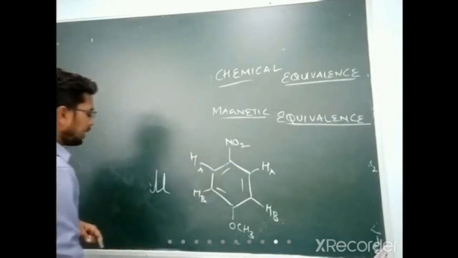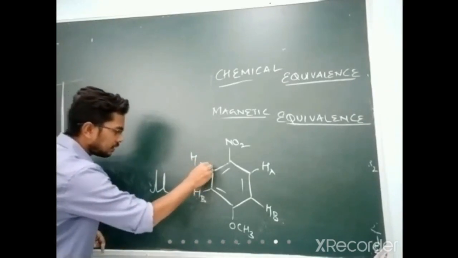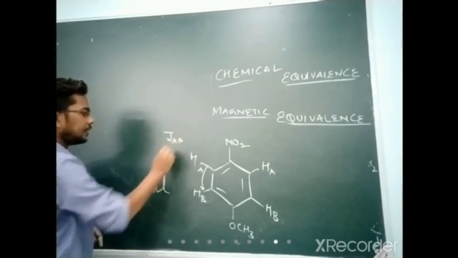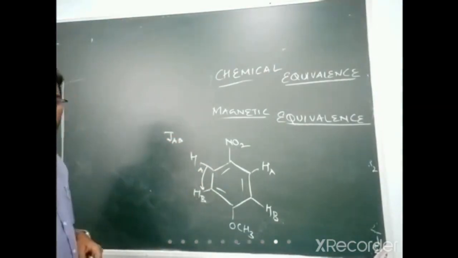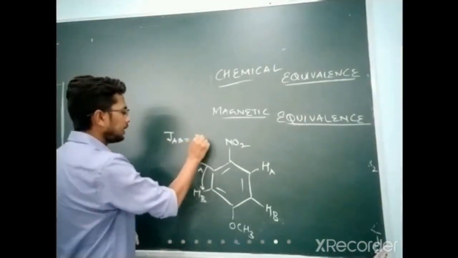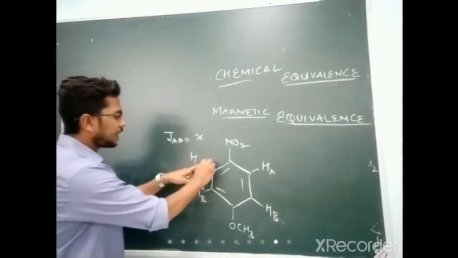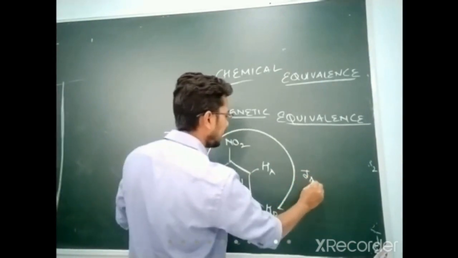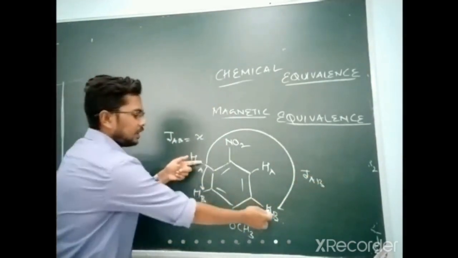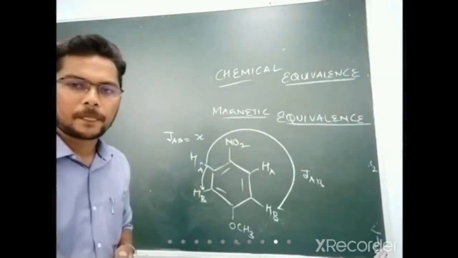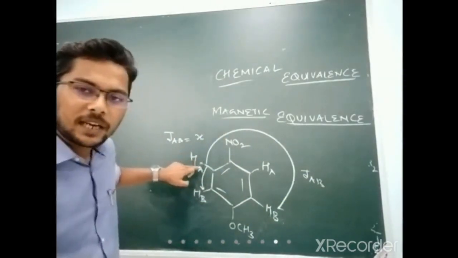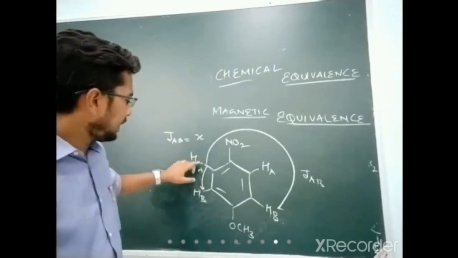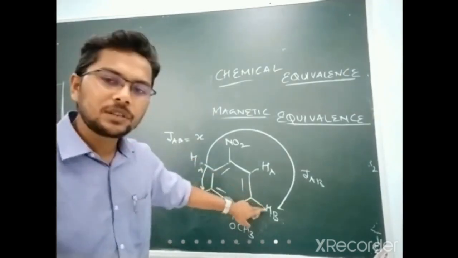Now if I have to find out the coupling constant JAB, this value will be X. But if I have to find out the coupling between this and this, this is also JAB, and this interaction cannot be the same. The effect this hydrogen will have on this hydrogen atom is something, but the effect of this hydrogen on this hydrogen will be different.